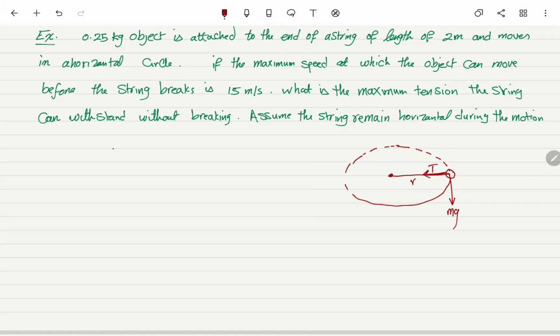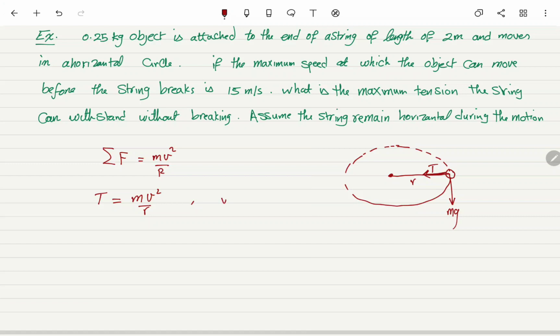Now sum of all forces equal to, now we have circular motion, so we have a radial acceleration, equal to mv square over r, and r in this case is r small. All forces in this direction is the tension, so tension equal to mv square over r.